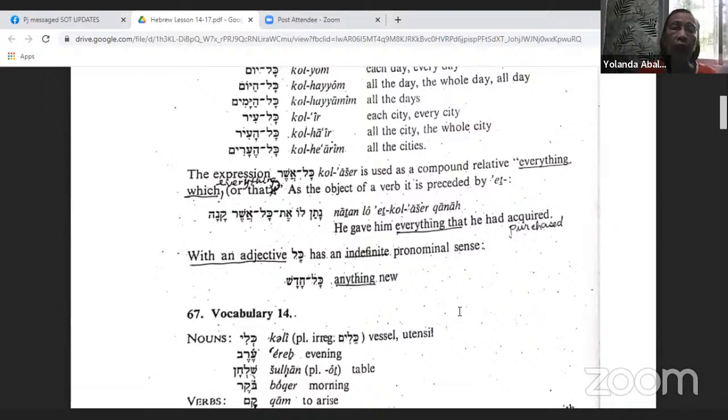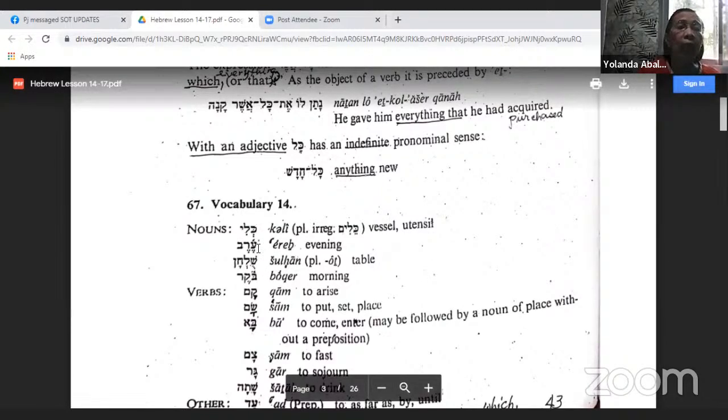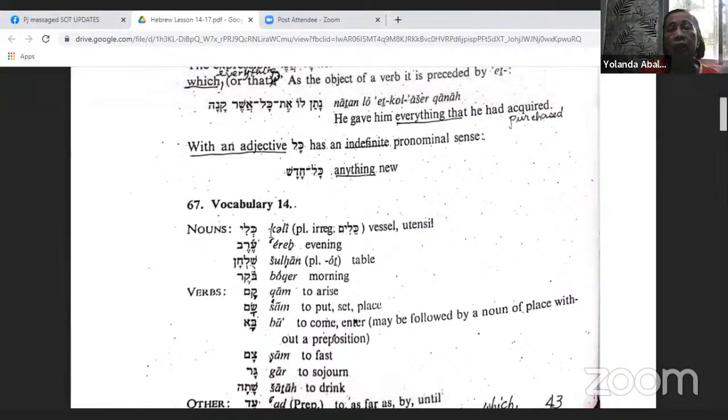Okay. Our vocabulary here, the words that you have to study and memorize, the word keli. Keli is a vessel, a utensil. A jar is keli, a jar made of earth, a clay pot.